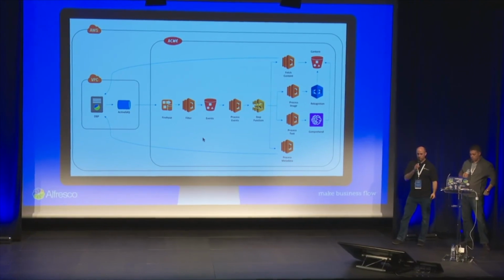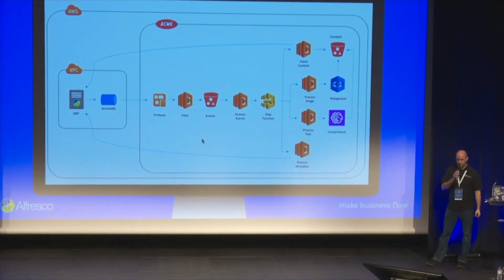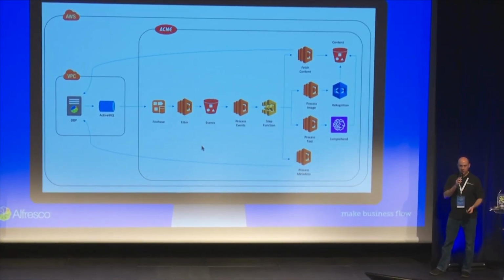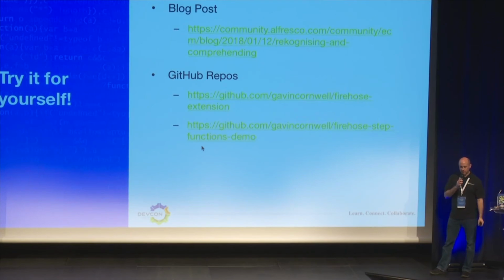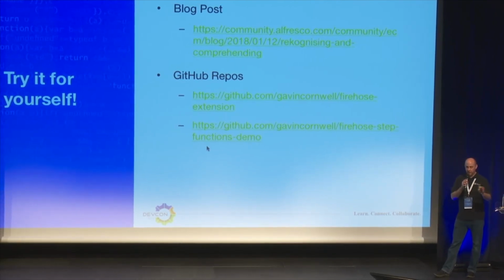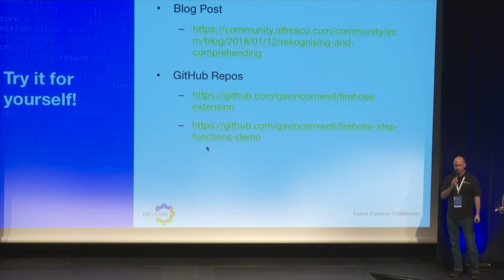So hopefully that sparks some imagination, and give me feedback on my blog posts if you want me to try other things, or if you want to have a go yourself. You can have a look at my repos there. The whole thing is deployed with a CloudFormation template, so it's really easy to get going, and all the instructions are in there in the blog post and the repos.